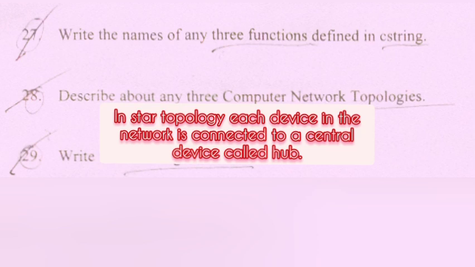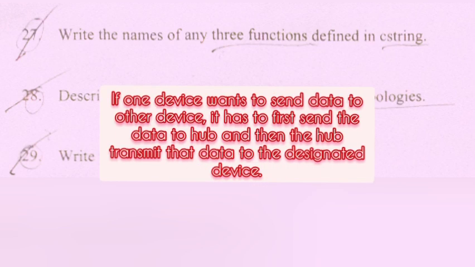Answer: 1. Star topology. In star topology, each device in the network is connected to a central device called hub. If one device wants to send data to another device, it has to first send the data to the hub, and then the hub transmits the data to the designated device. 2. Mesh topology. In mesh topology, each device is connected to every other device on the network through a dedicated point-to-point link.